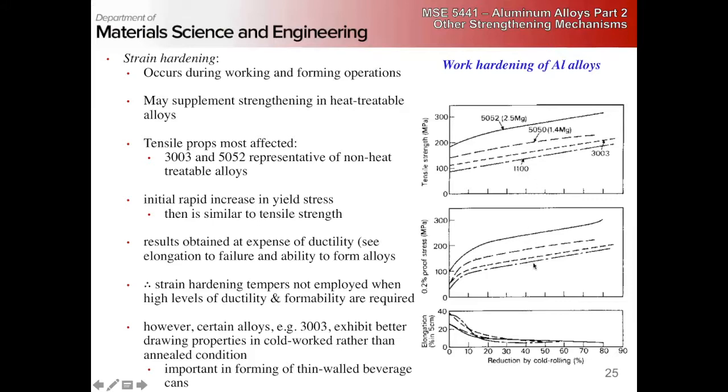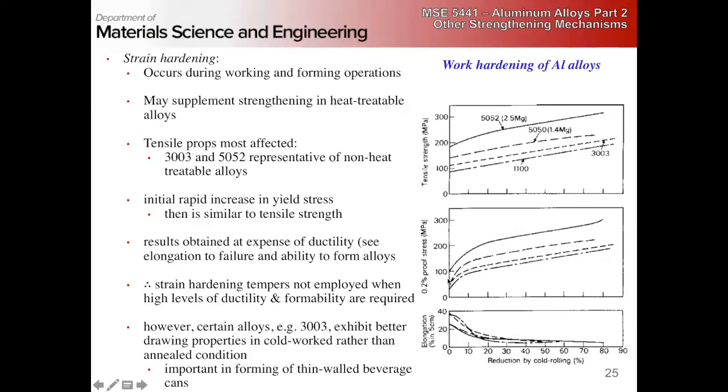And the other thing that is interesting is this bottom line is 1100. This is pure aluminum. And up here, 5000 series and the 3000 series. And you can see they're pretty parallel. The hardening behavior is not changed all that much by the alloying.